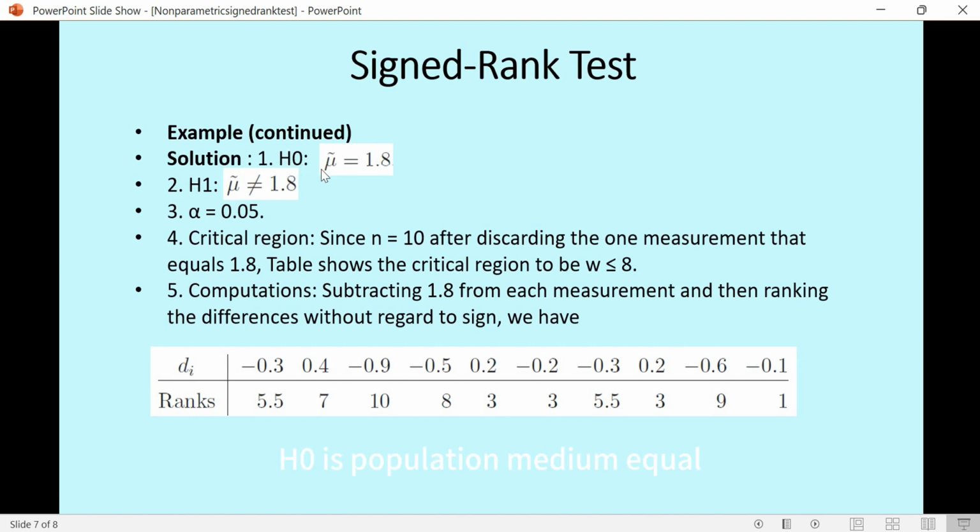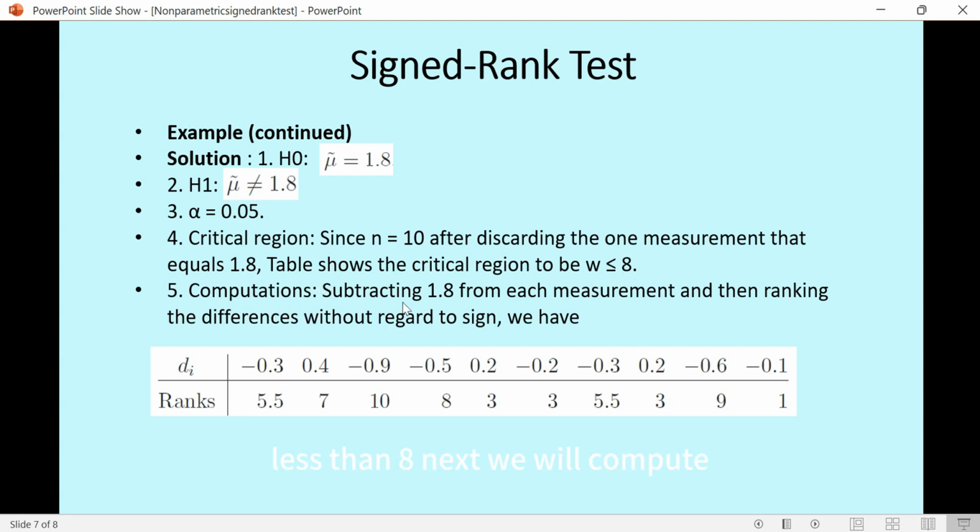H0 is that the population median equals 1.8, and the alternative hypothesis is that the population median does not equal 1.8, with significance level 0.05. The critical region here, because n is 10 after discarding one measurement that equals 1.8, so there are 10 observations left, is less than 8 according to the table.